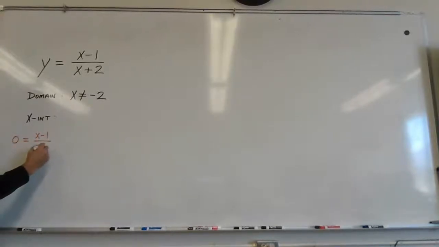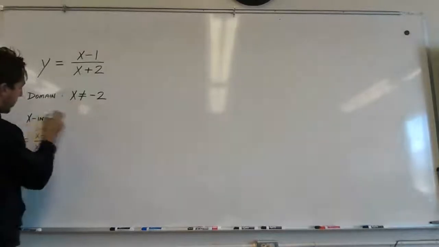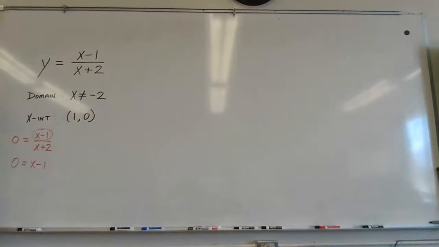What is the solution to this question? Well, you can apply some algebra here, but it's actually much easier to think about this. That's a fraction, right? What's the only way for a fraction to be equal to 0? The top is 0. That's the only way it's possible, right? So basically, this very quickly in your head can just become this. What's the answer to that question? 1. So the answer to the x-intercept question is whenever x is 1, y is 0. Are we okay with that?